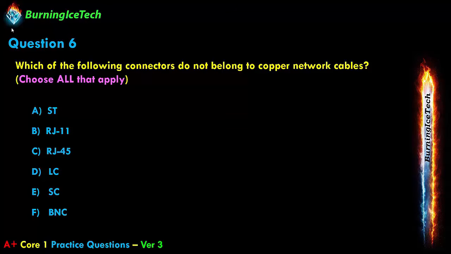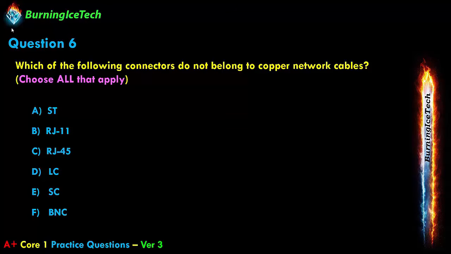Answer C, RJ45. Now, that is the connector we'll normally go and use on most Ethernet cables, the likes of Cat5, Cat5e, Cat6, Cat6a. All of them use the same connector, guys, which is this RJ45. Now, those cables, they're made out of what? Copper once again. So B and C is out. Looking at answer D, LC.